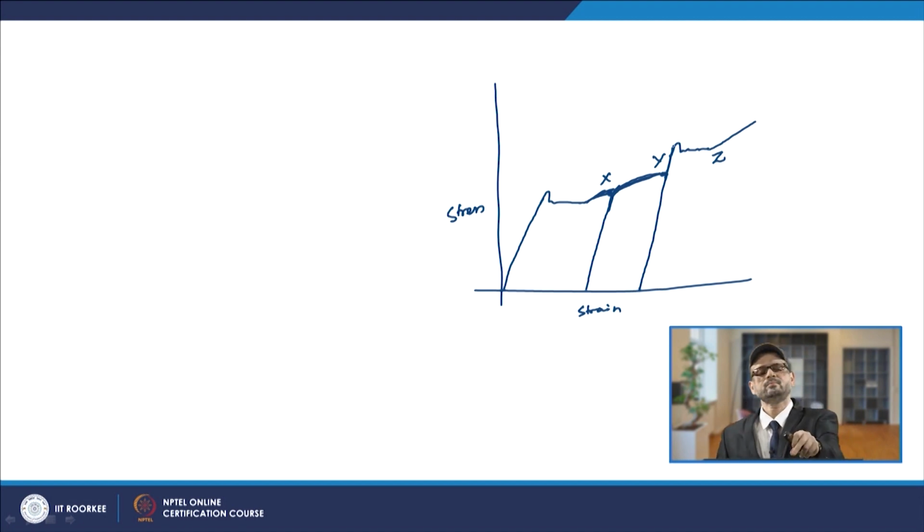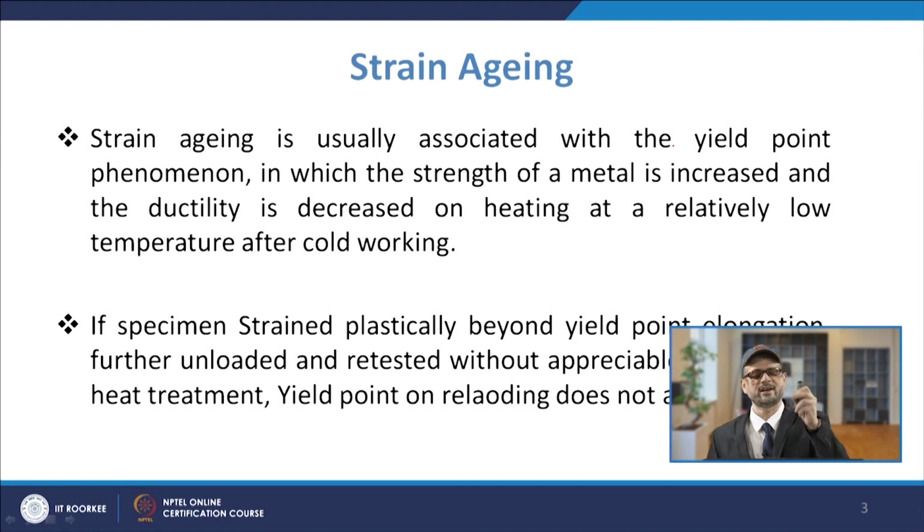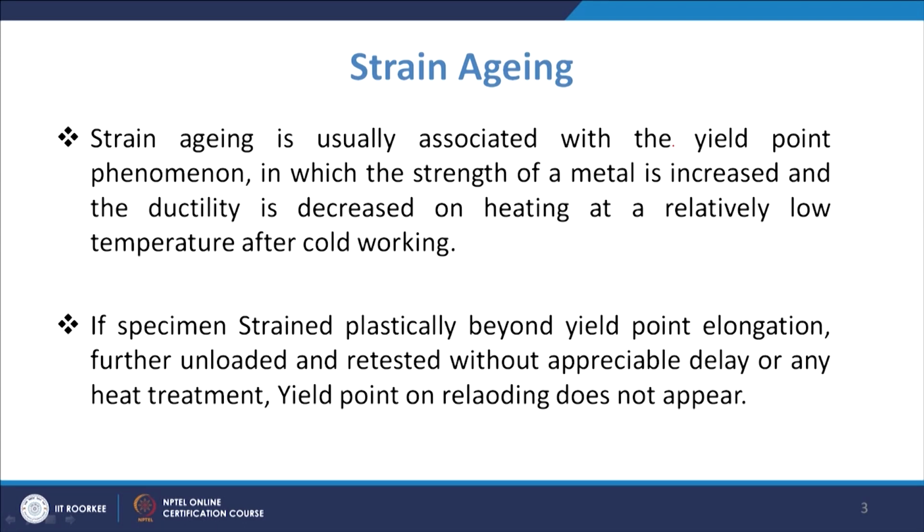So that is what is known as strain aging. When the specimen is strained plastically beyond the yield point elongation, then unloaded and retested without appreciable delay, the yield point on reloading does not appear. That is what we have seen when you first go to point X, then unload and reload without much delay: you do not see any yield point phenomena.